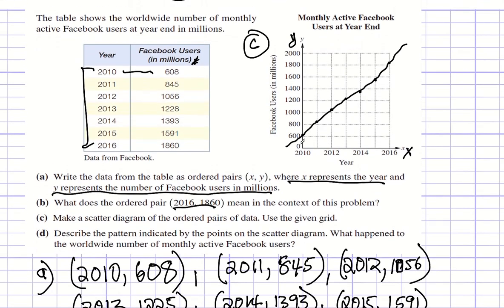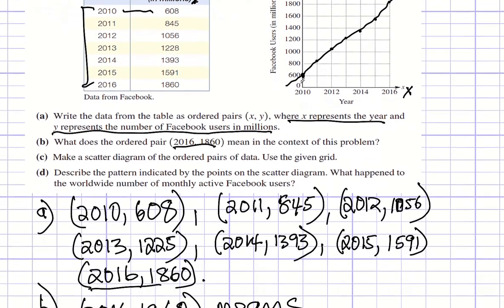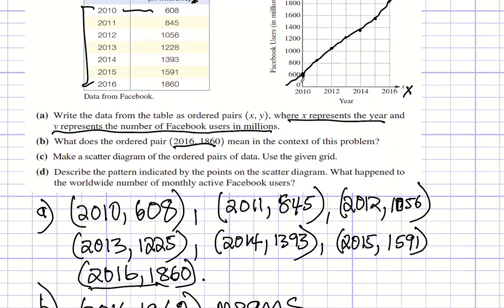You can even see it by looking at the numbers. 2010 is 608. And then 2016, look at that, it's jumped to 1860. But the line will tell you the same story.